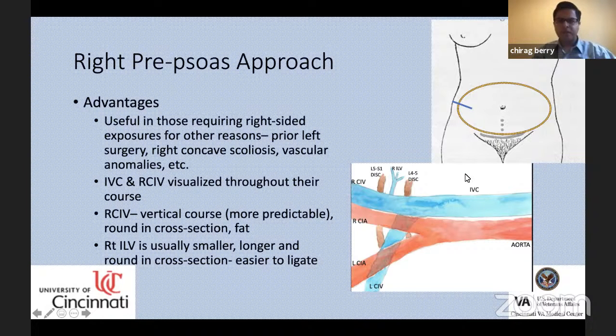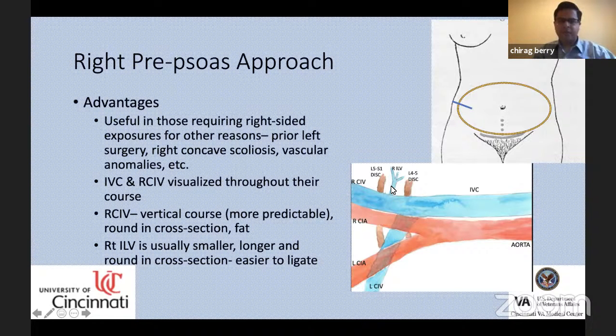One of the advantages that I've noticed with this approach is that you visualize your IVC and the right common iliac vein throughout the course. The right common iliac vein tends to have a rounded border, so it's much easier to mobilize. And it has a much more vertical course, unlike the left one, which has a flat oblique course.